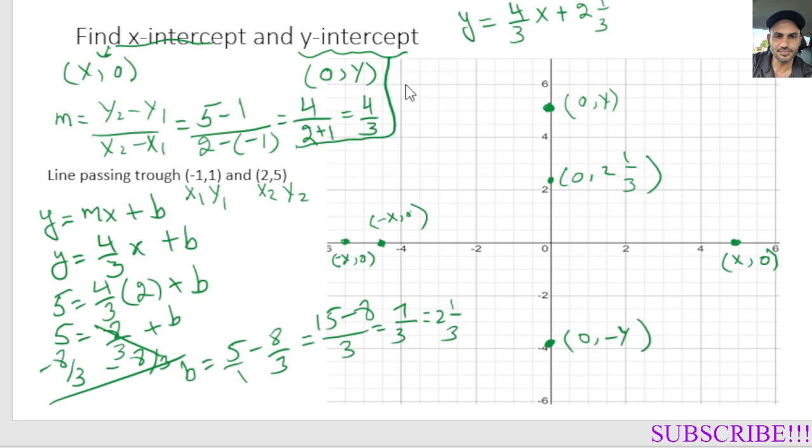All right, so we have 0 equals 4/3 x plus, I'm going to write it in improper fraction form, 7/3. And then we subtract 7/3 from both sides. So this is gone, and you're left with 4/3 x equals negative 7/3.